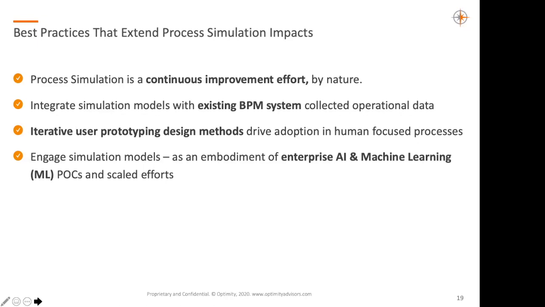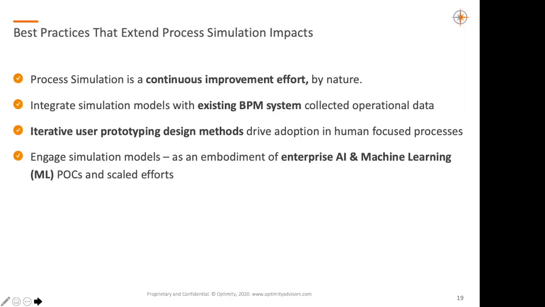First is that you've got to think of process simulation as a continuous effort. It's not a one and done. Just by nature, if it's part of a lean program or continuous improvement initiative, ISO 9001, whatever you call your continuous improvement, it's meant to build off of the previous efforts.